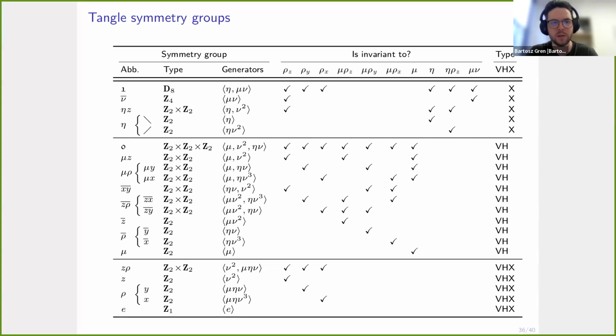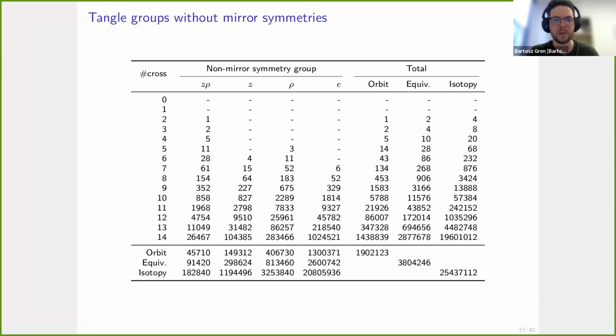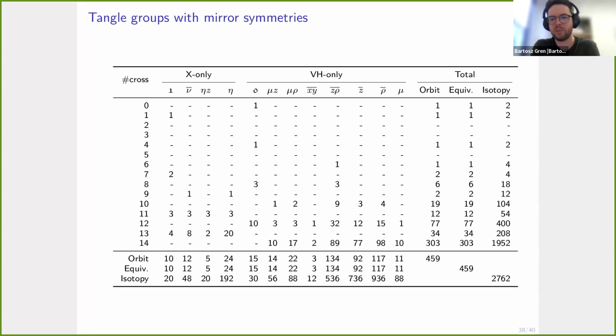And what's interesting, these groups which have mirror symmetries, these tangles are much less common. So if you look here at tangles which are from non-mirror symmetry groups, I told you there are around 1.9 million tangles in general. And this number here is similar, but if we look at tangles which have some reflection symmetries, there are less than 500 of them.